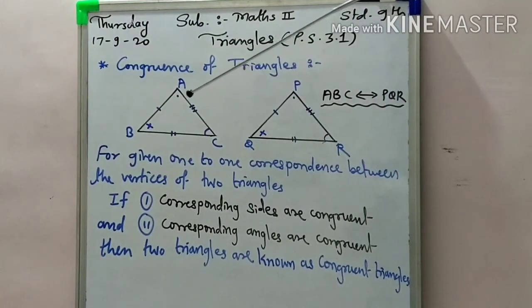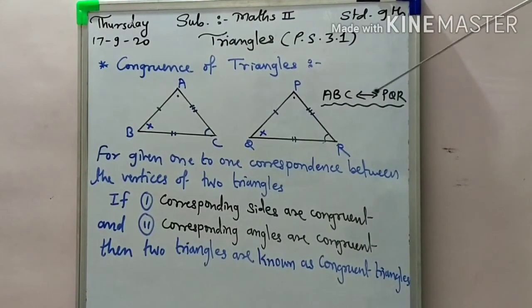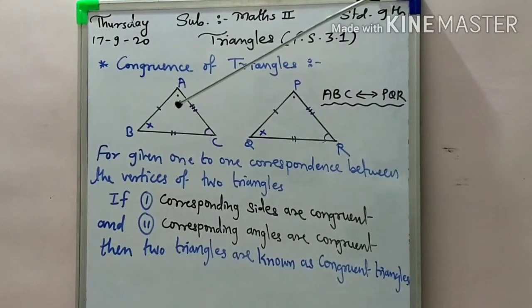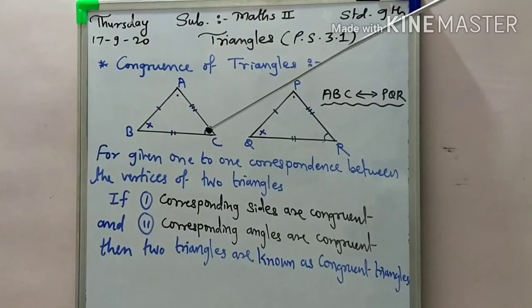For BC the corresponding side is QR, and the remaining AC has corresponding side PR. Similarly, for angle A the corresponding angle is P, for angle B it is Q, and for angle C it is R.